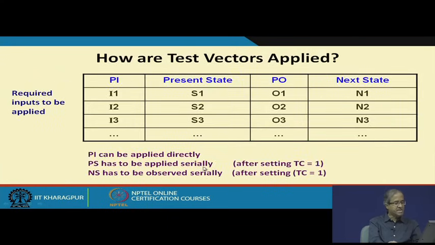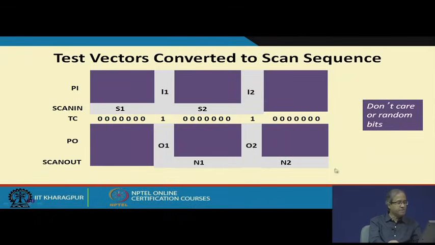So, the present state has to be applied serially after setting TC equal to 0, because in the diagram TC 0 means the test mode. Similarly, next state has to be observed serially after setting TC equal to 0. So, this diagram shows in the axis of time what happens. From left to right, this is the axis of time.